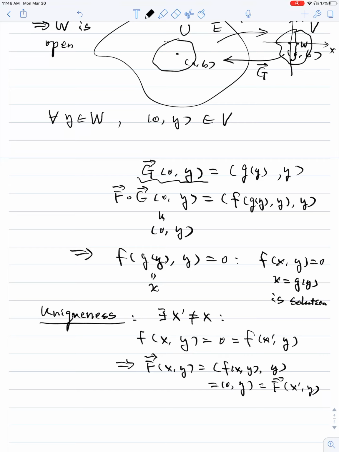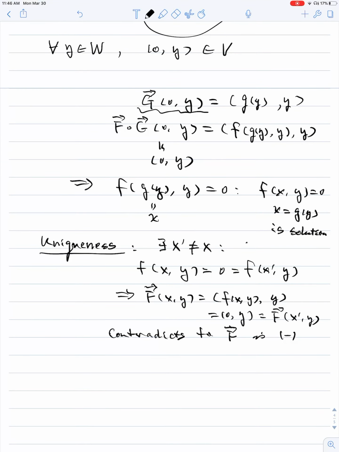This contradicts F being one-to-one on U, because both points are in U.